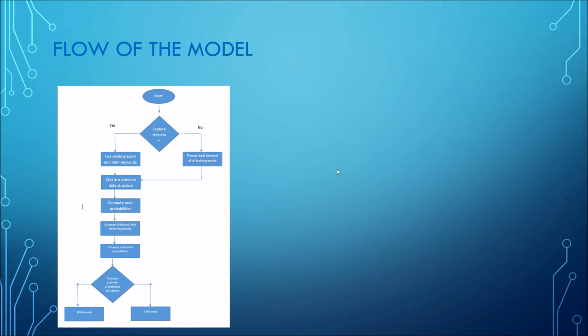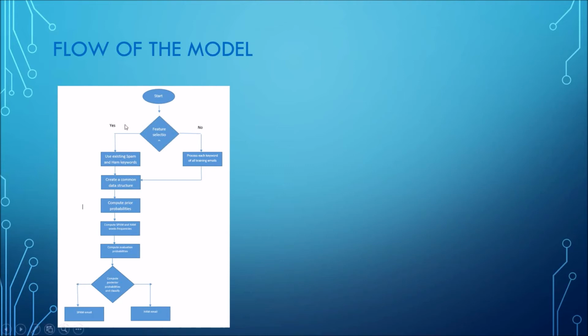So here is the flow of the Naive Bayes model being implemented. Initially, when we start the Naive Bayes model, we have two different types of implementations: one which uses feature selection and the other which does not. When we start the process, if we choose to use the feature selection algorithm, then we have a list of spam words and ham words already generated by the feature selection algorithm, and those words are generated from the training dataset.